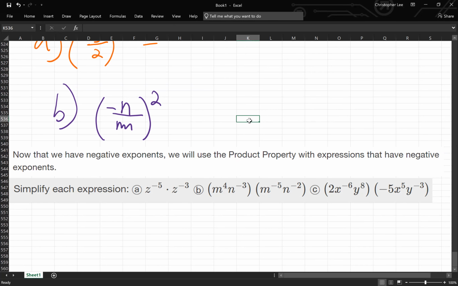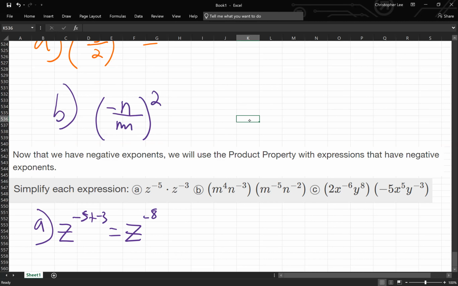Who remembers what I do for A? I have z to the negative fifth times z to the negative third power. Yes, add them, right? So this becomes z to the negative 5 plus negative 3, which becomes z to the what? Negative 8.